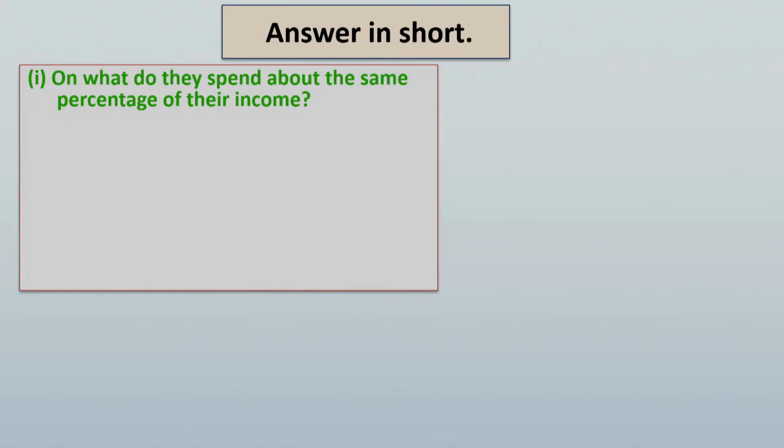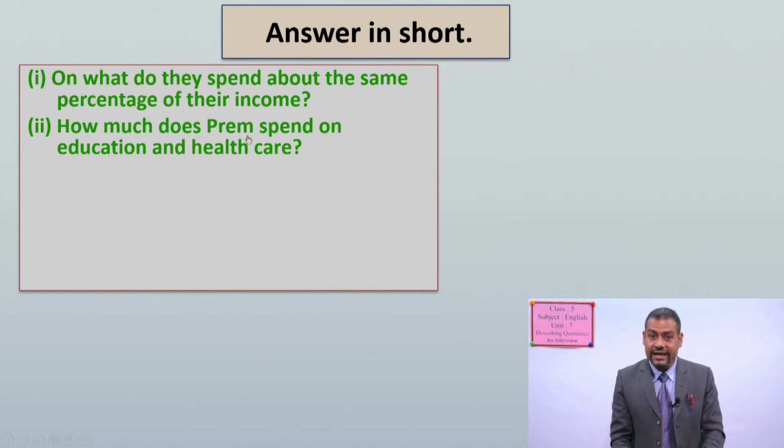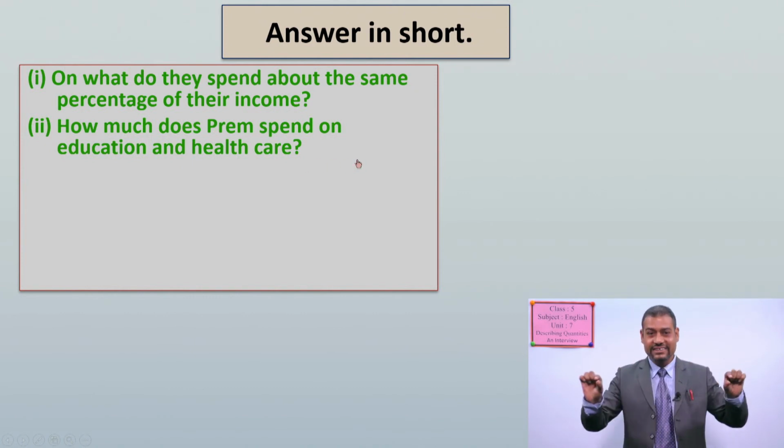Another question, number 2. How much does Prem spend on education and health care? Now you have to find only Prem's, not Purna's. You have already filled in the table also.